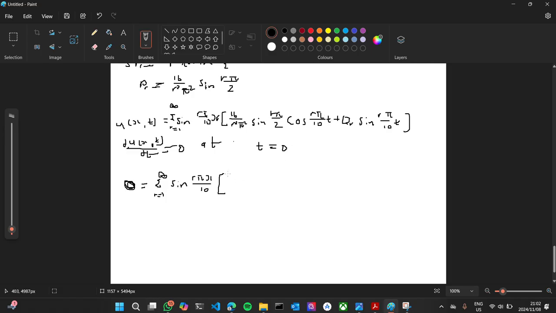So we're going to have that 16 over r squared pi squared, right? That's multiplied by sine r pi over 2.